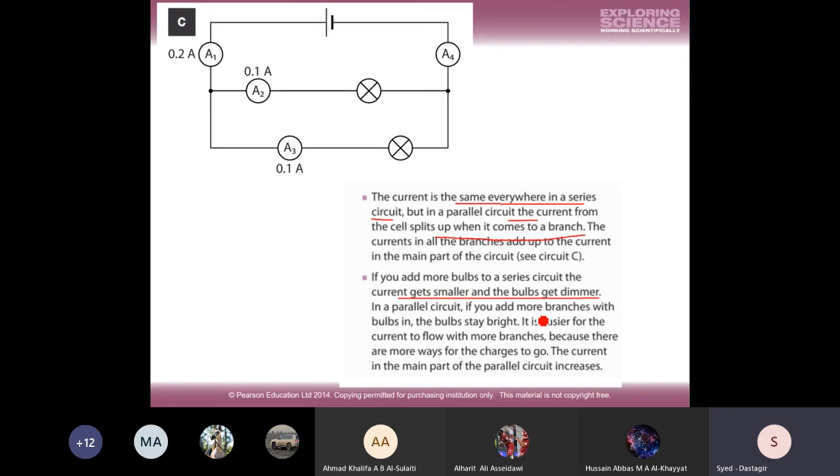In a parallel circuit, if you add more branches with bulbs, the bulbs stay bright, because it's easier for the current to flow with more branches, as there are more ways for the charges to go around. So in a series circuit, if we add many light bulbs, they'll become dim. Dim is the opposite of bright. Okay?